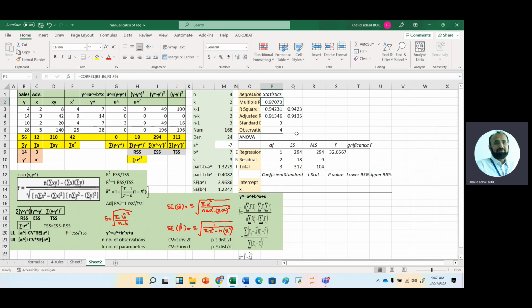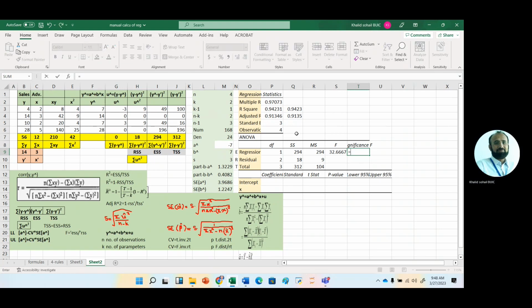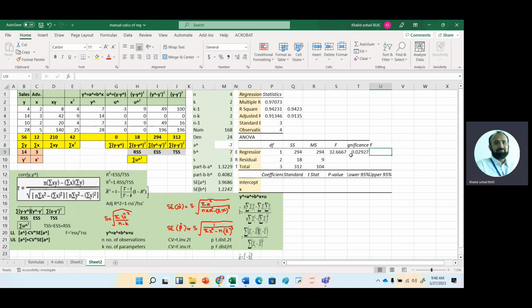Now we have completed the first part, that is regression statistics, and we have also calculated the second part, that is ANOVA, only the significance of F remains, and that can be calculated with the help of the Excel function F.DIST.RT: first this value, comma, first degree of freedom 1, and then second degree of freedom 2. And even now it means that the overall model is significant.